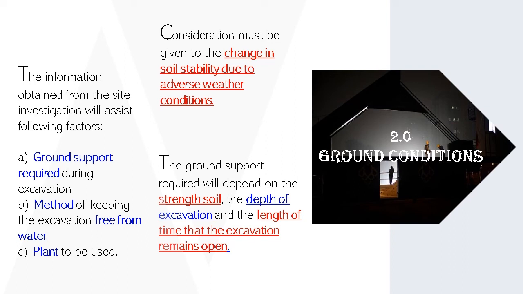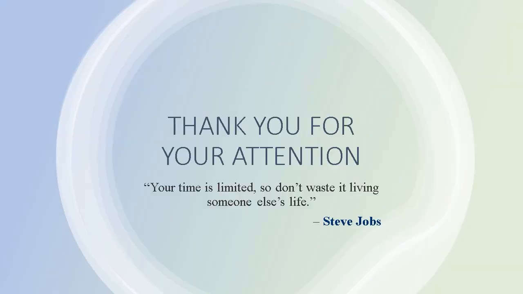Consideration also must be given to the change in soil stability due to adverse weather conditions, for example, heavy rainfall. The ground support required will depend on the soil strength, the depth of excavation, and the length of time that the excavation remains open. That will be the end of this recorded video.